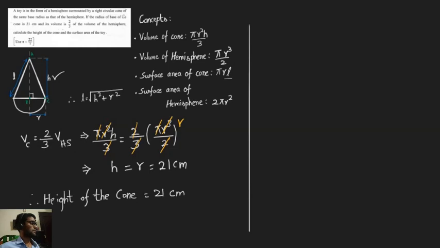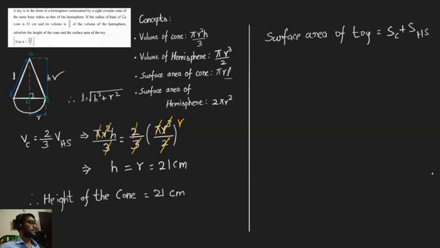Now let's move on to find the surface area of the toy. So surface area of the toy equals to the surface area of cone plus the surface area of hemisphere, which we'll indicate by SC and SHS respectively.